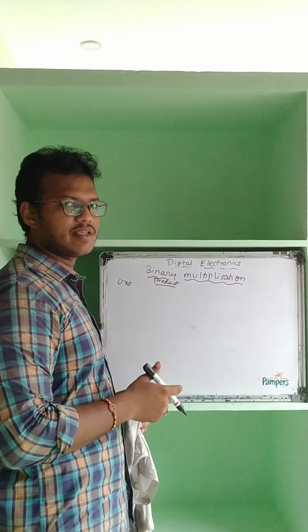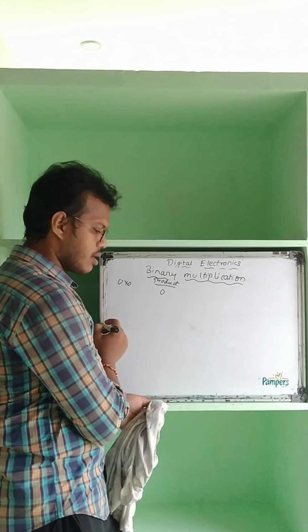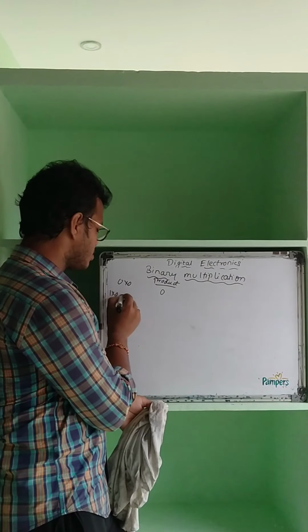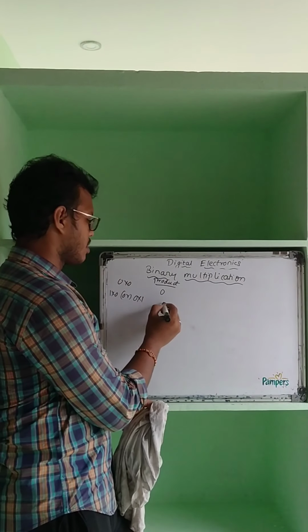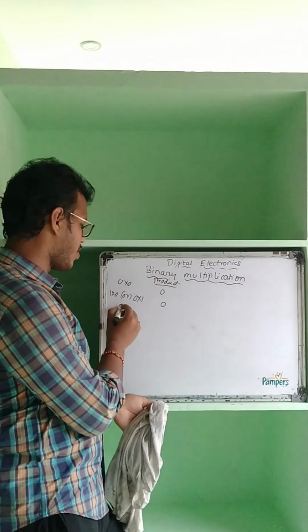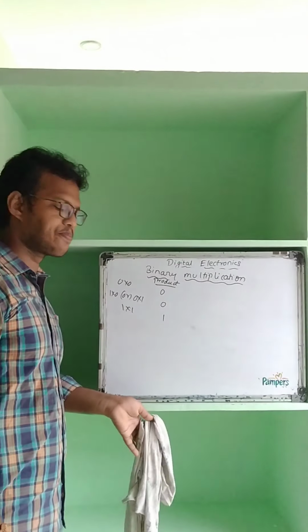So 0 multiplied by 0 gives 0. Then 1 into 0 or 0 into 1, what we get? 0. And 1 into 1, the product is 1.